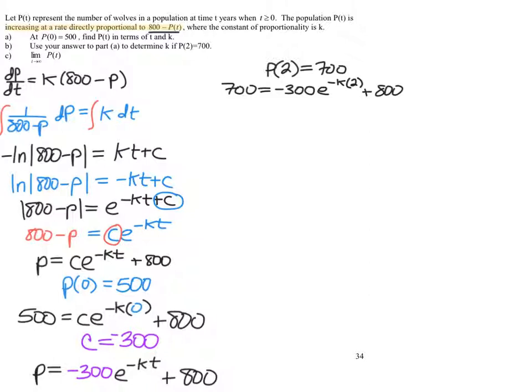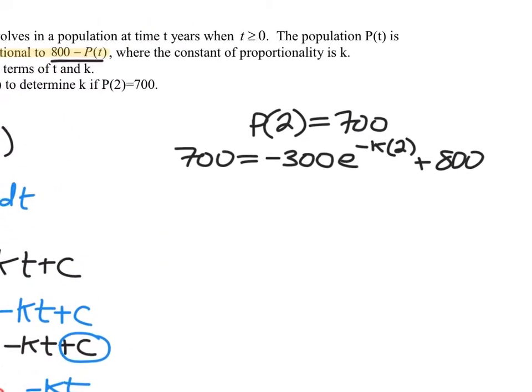All right, so I took my better equation, I guess. Negative 300e to the negative kt plus 800. And replace the t with a 2. Replace the p with a 700. Now I have to clean that up. But not much to do.